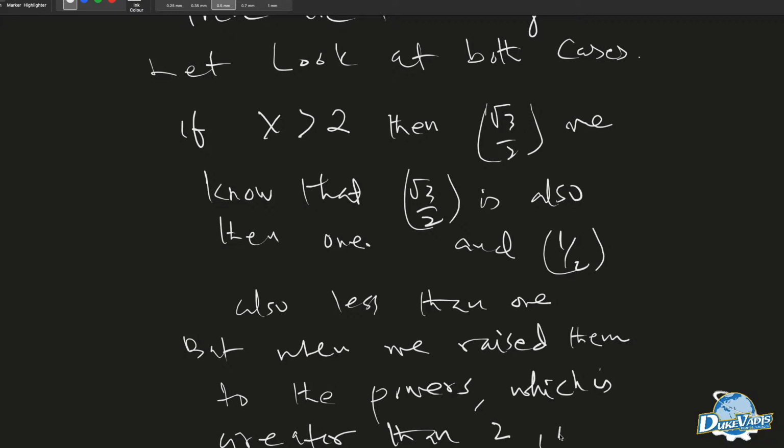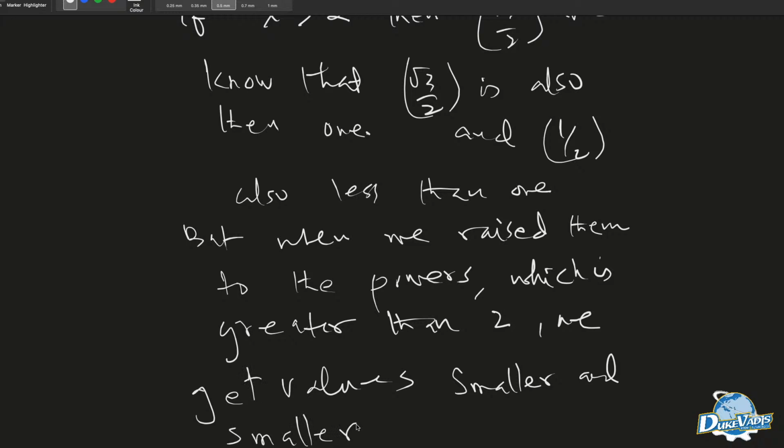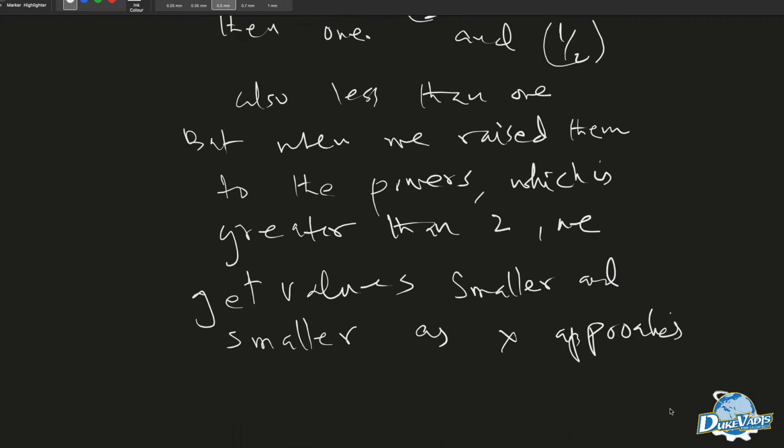We get values. Let me write all this down for you to remember. We are going to get values smaller and smaller. Have you seen it? When we raise 1 over 2 and root 3 over 2, we are going to get values which are smaller and smaller as x approaches infinity.